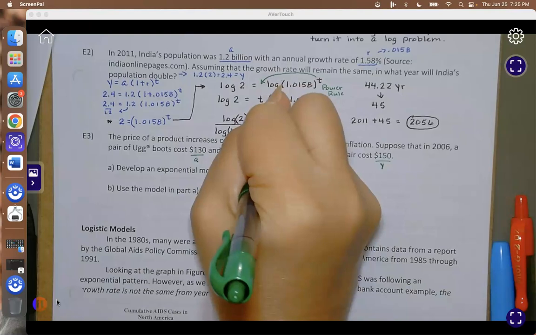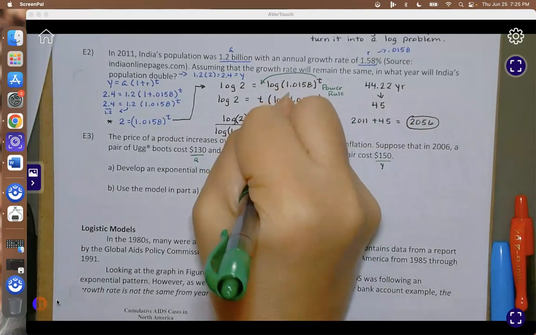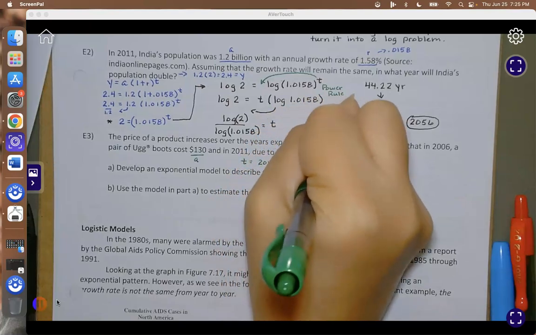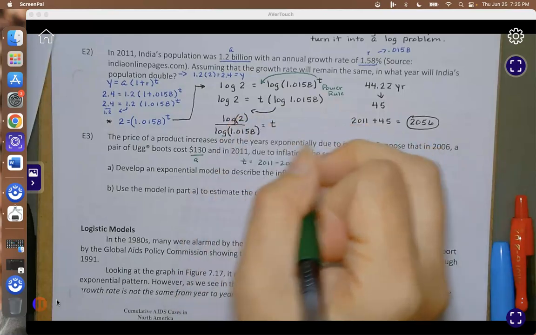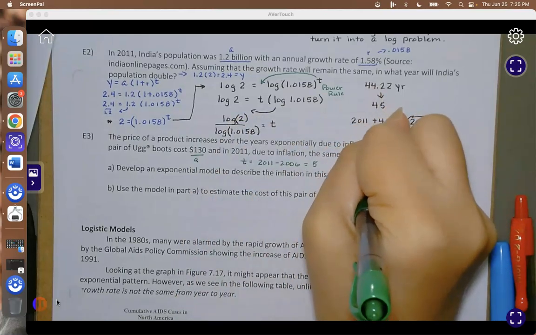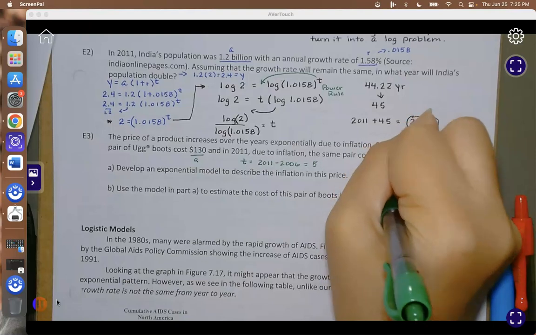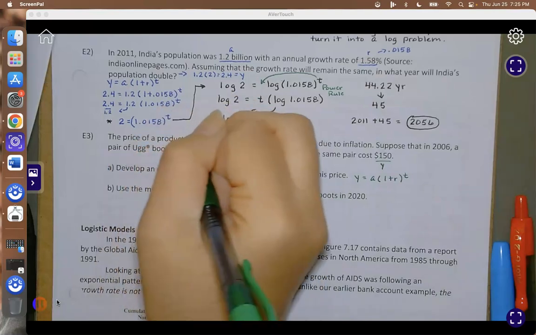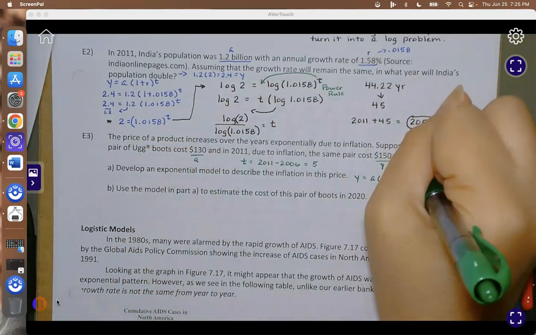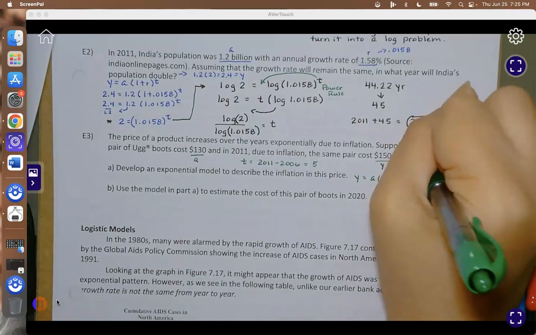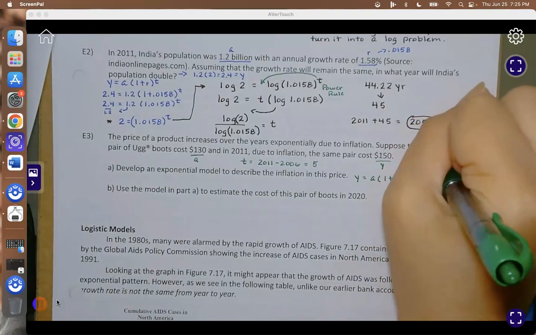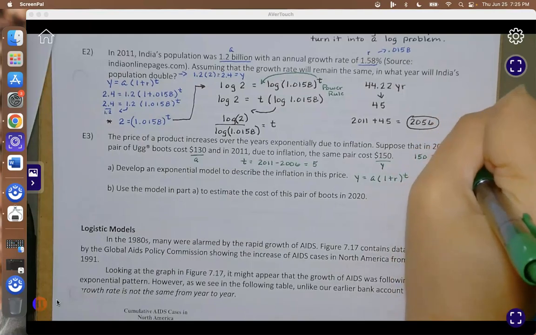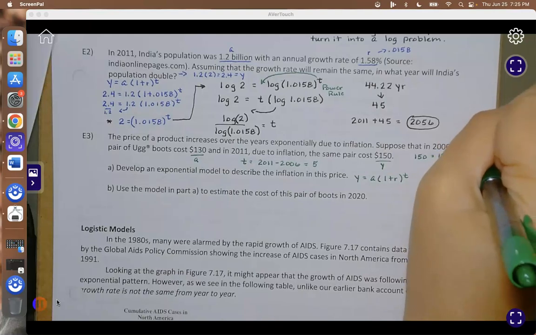Okay, our time is going to be 2011 minus 2006, which is 5. Now remember, our formula is Y equals A times 1 plus R to the T. So we know that 150 is our Y, 130 is our A, then we have 1 plus R to the 5th power.